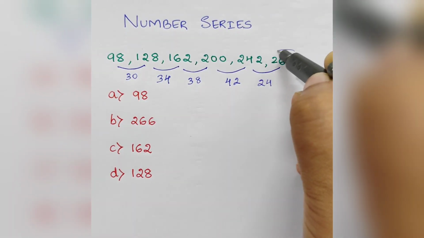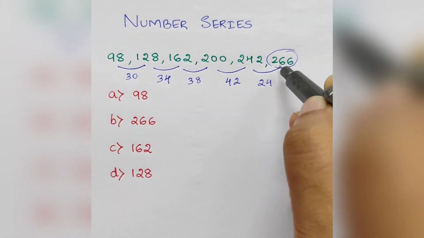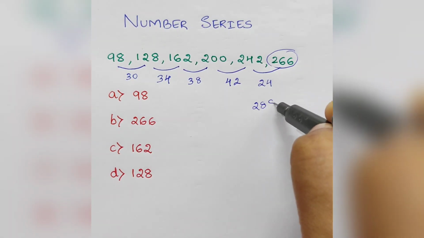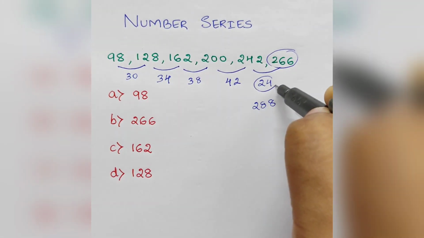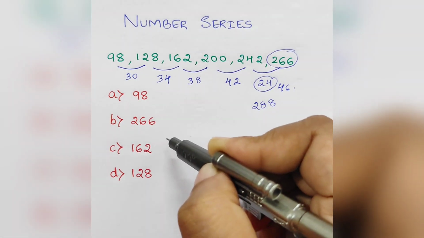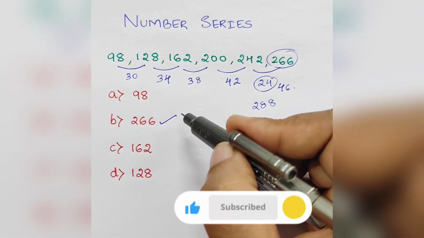So obviously 266 is the wrong number. Instead of 266, it should have been 288. So then the difference would be 46. So option B, 266 is the wrong number.